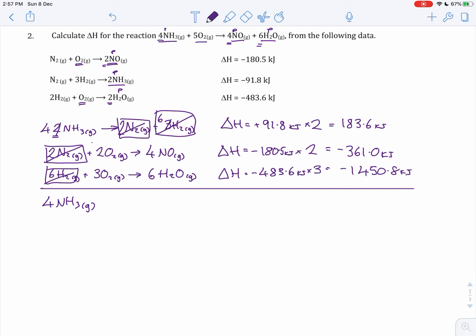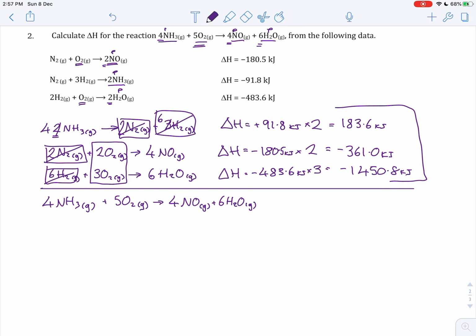We've also got these on the same side. So when they're on opposite sides, they cancel, but when they're on the same side, you add them together. So the oxygens, which I mentioned at the beginning I was going to leave till later, you can see without concentrating on them, we've actually got our 5 oxygens yielding 4NO plus 6 H2O gas.